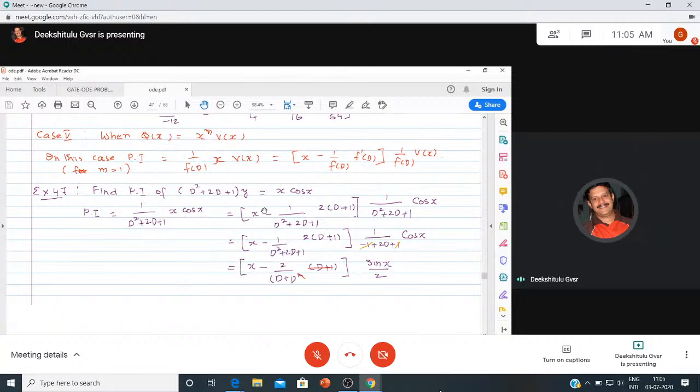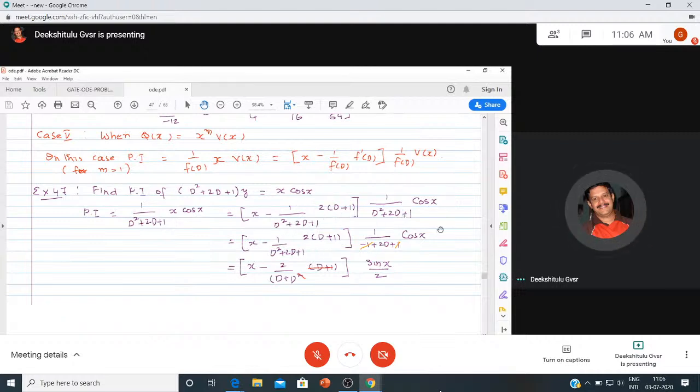So I apply this: x minus 1 by f of D. Here 1 by D square plus 2D plus 1, f dash D is 2D plus 2, that means I take 2 out, 2 into (D plus 1), then 1 by f of D again, cos x. I'm applying this formula here.